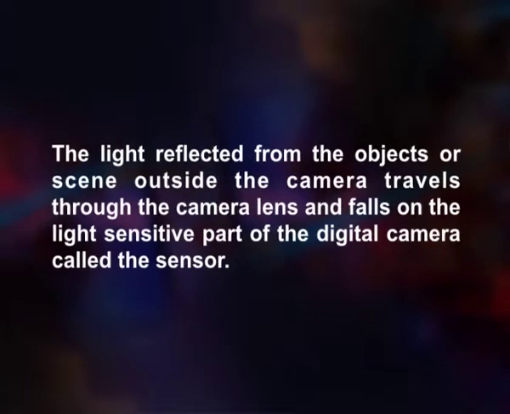The light reflected from the objects or scene outside the camera travels through the camera lens and falls on the light sensitive part of the digital camera, which is called the sensor. When the camera is focused on a subject, an image is formed on the light sensitive surface.